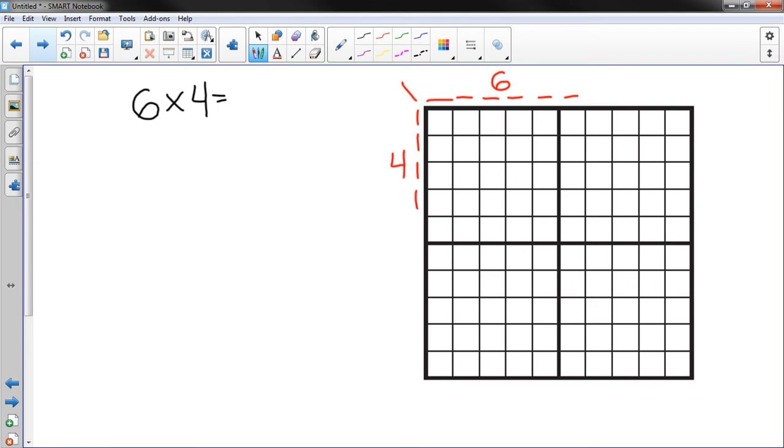This is multiplication. So I'm going to start right here with my line. I have to go all the way to 6. So I'm going to go past that line that's in the middle because I know that line is 5. So I have to go one more. That's where that line might be helpful sometimes. And 6 starts right there. 6 times 4.